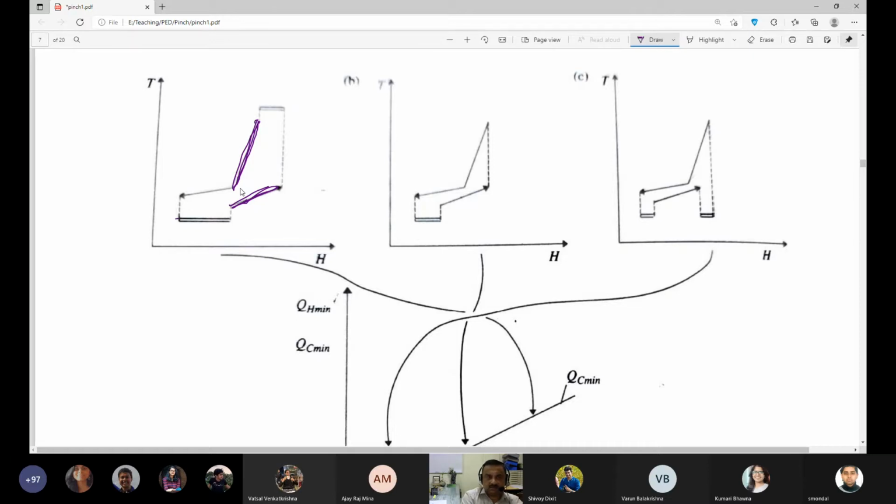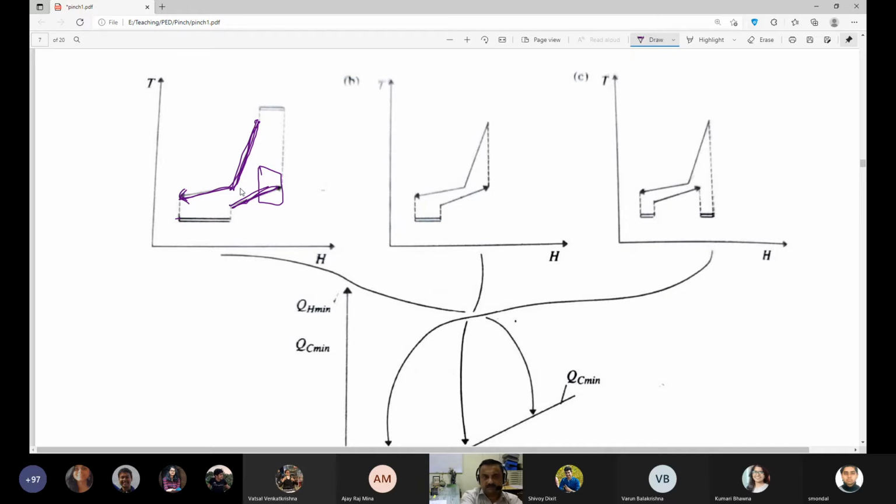Suppose this is the hot stream, and I have two different slopes. That means I have two different, let us say, MCP values. So in this part I have the cooling water requirement, and in this part I have the steam requirement for heating this cold stream.